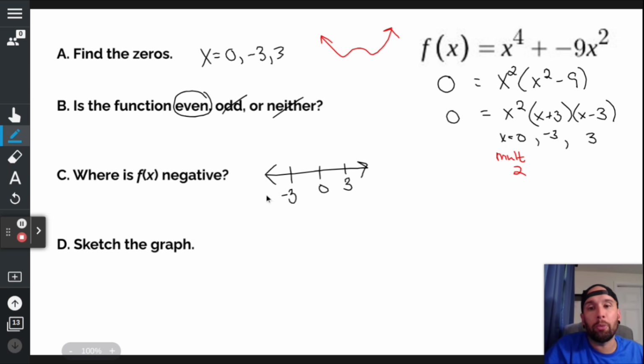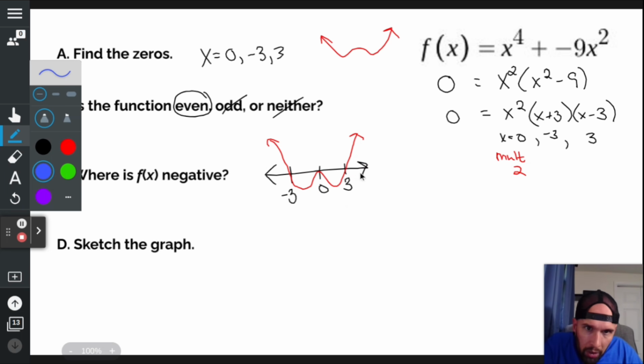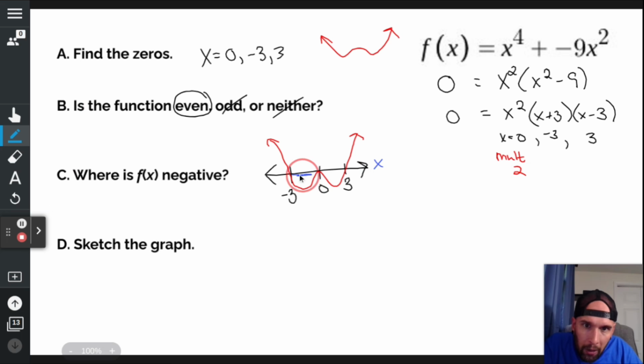So I'm starting from the top, the opposite of what Drake did, goes through 3. I approach 0, ricochet off because of the multiplicity, come back up through 3. So it's negative underneath the x-axis here and here. Now you might be thinking, why don't you just draw a blue line across everything?